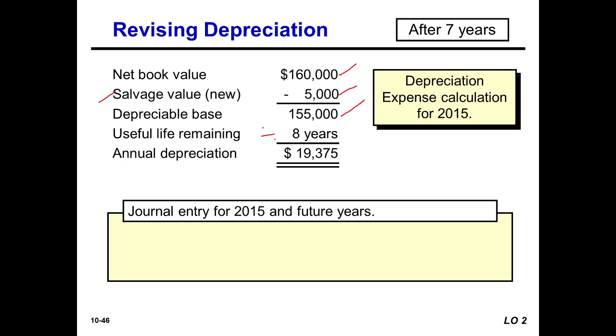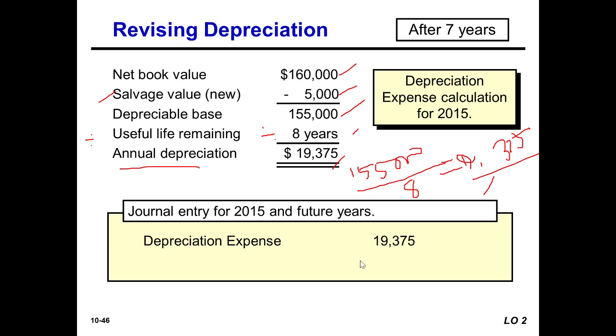So it will be division: $155,000 divided by 8 years gives the annual depreciation, $19,375. Now this figure will be the depreciation expense and accumulated depreciation. Depreciation expense debit and accumulated depreciation credit.